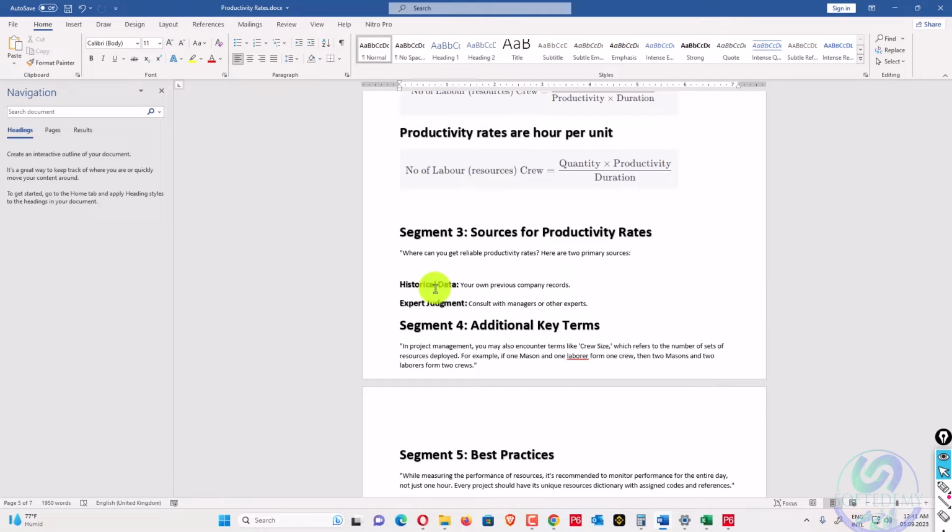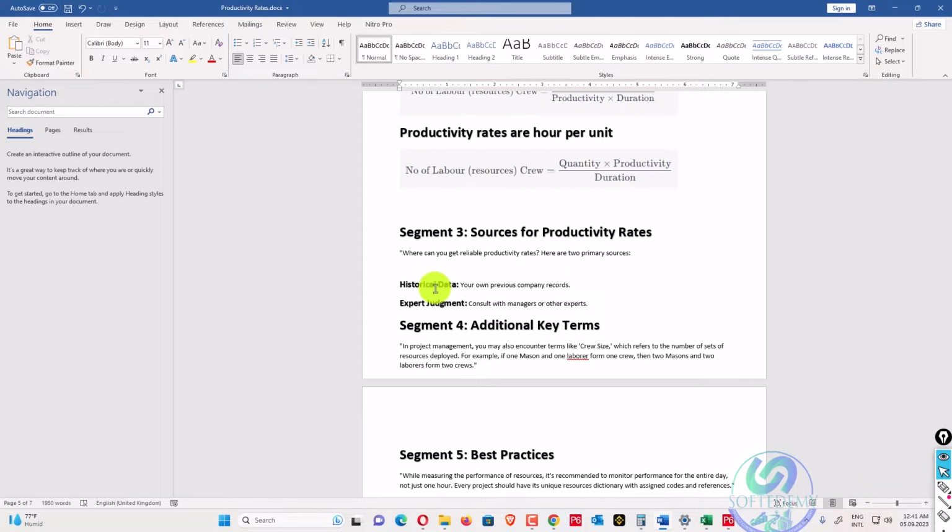In that meeting they can decide easily, sitting with the technical team, and they will tell us how much work they will do in one day. So that is mutual understanding, with their expert judgment, of how many hours they will take to complete that work and how many crew will be deployed to do that work. So it's like that, the source of productivity data, you can get that one.